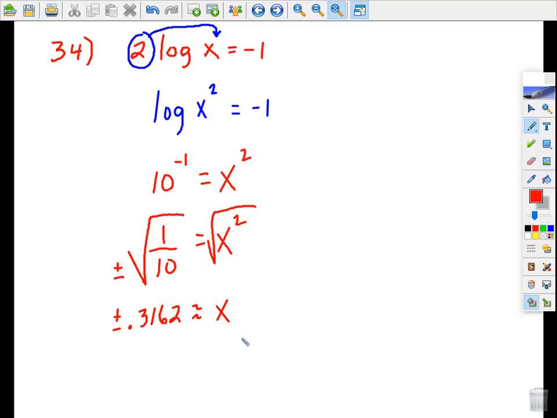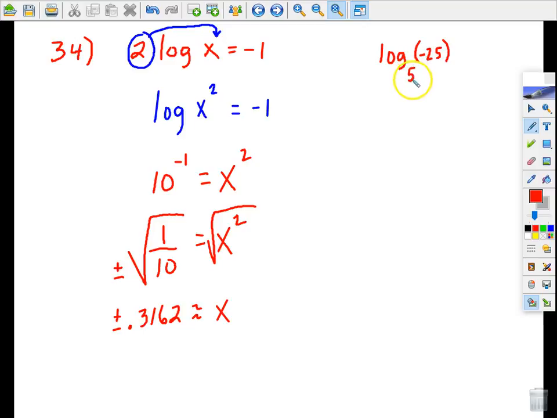Now, let's talk about this for a second. In a previous lesson, we said that it was not possible, or it was undefined, if we attempt to find the log of a negative number. I'll take you back to section 8.3, and I think you had this particular problem, something like this on your homework.